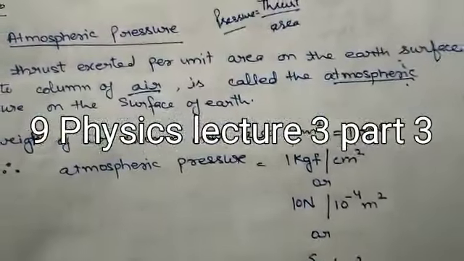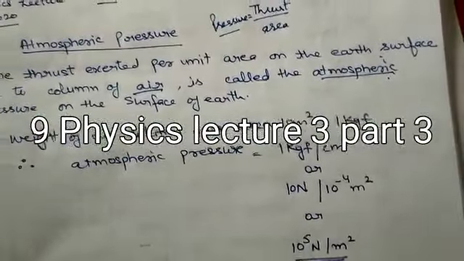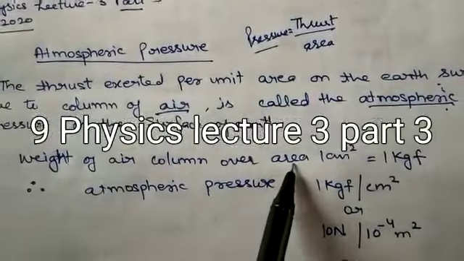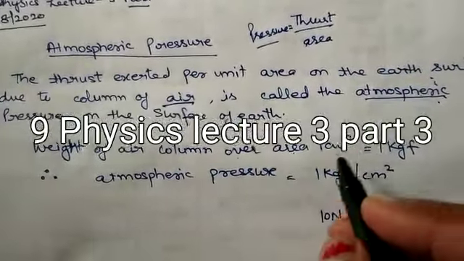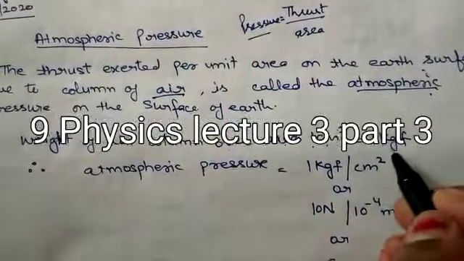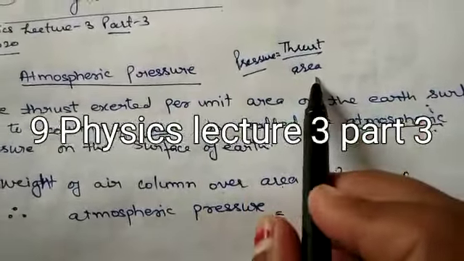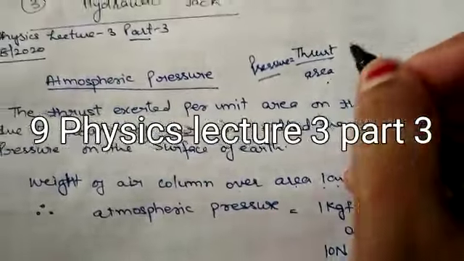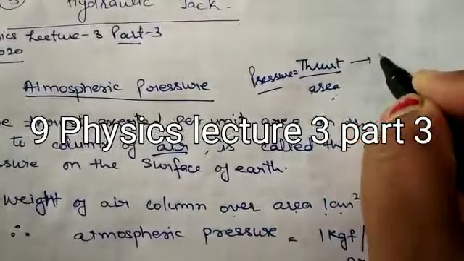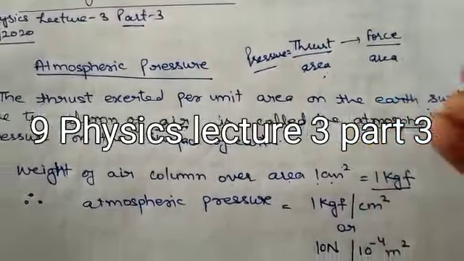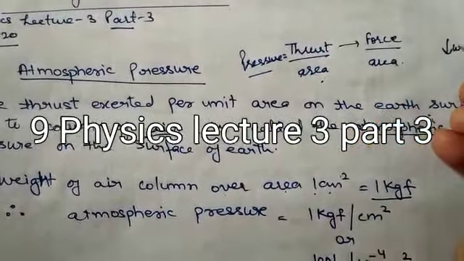What is the amount of atmospheric pressure which we feel? The weight of the air column over an area of 1 centimeter square is equal to 1 kilogram force. We know that pressure is equal to thrust over area, and the force of anything in the downward direction is the weight of the body.